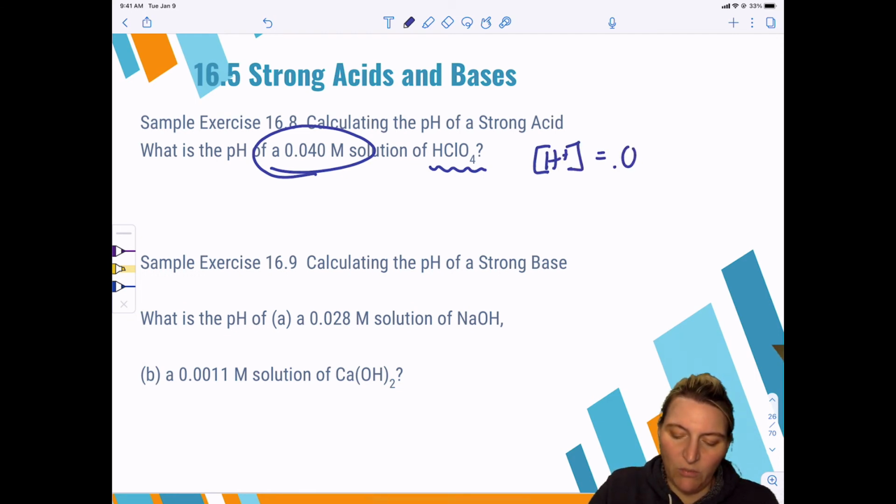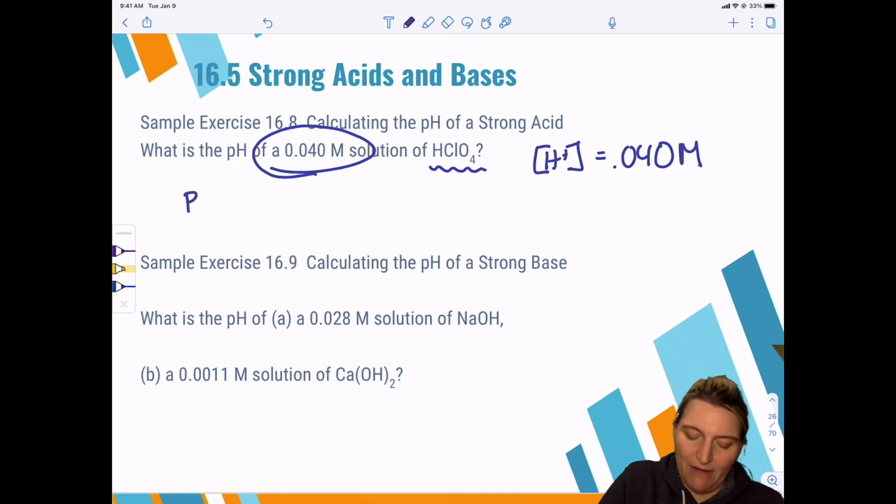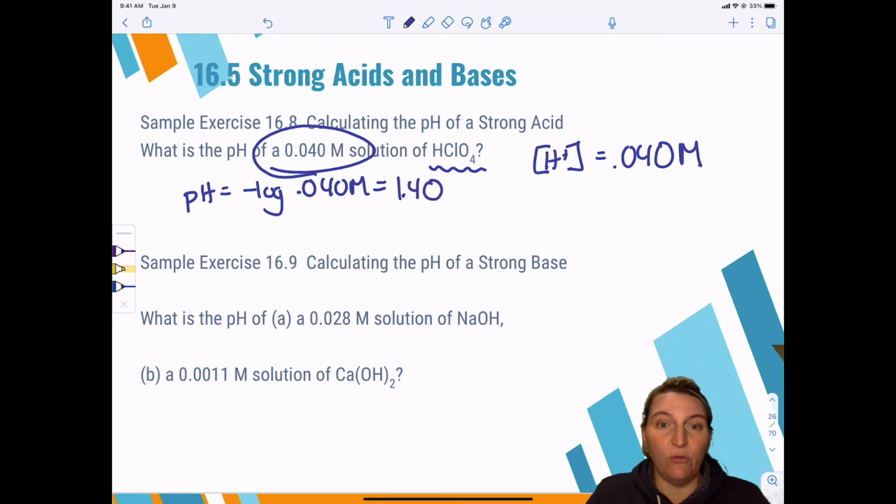So the H plus is 0.040. So finding the pH of that solution is real easy, right? pH equals the negative log of the H plus, 0.040 molarity, which is 1.40, with 2 digits past the decimal point because it's 2 significant figures in my concentration.